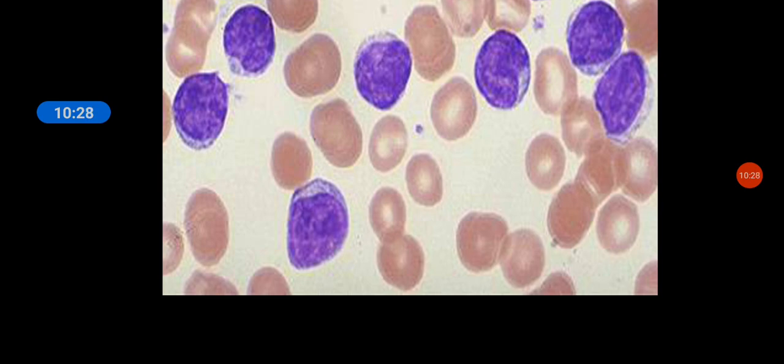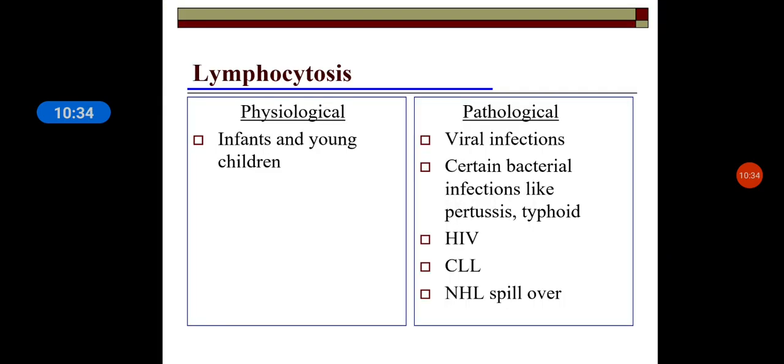So this is a mature lymphocyte. Now we'll see what are the causes for lymphocytosis. Again, this is a favorite viva question. You should know all these things. Lymphocytosis can again be labeled as physiological and pathological. Physiological is usually seen among infants and in young children. It is normal to find lymphocytes in the peripheral blood.